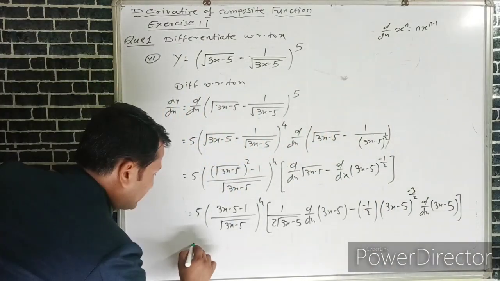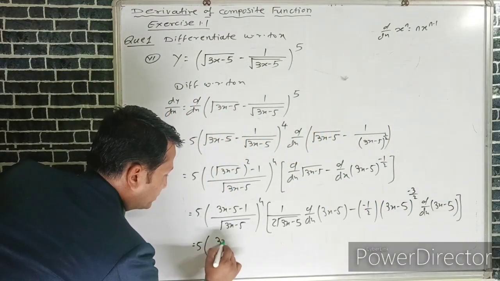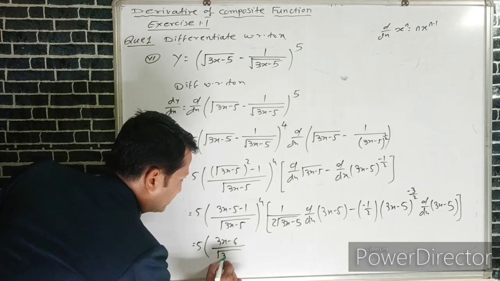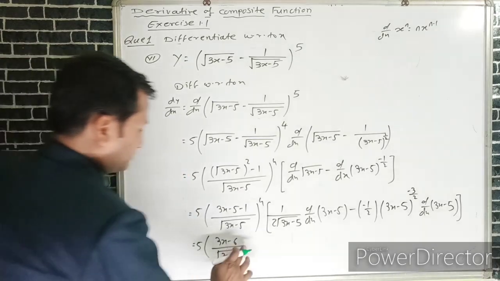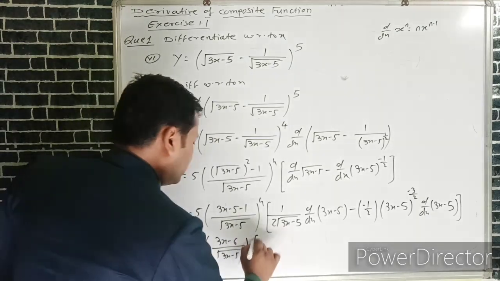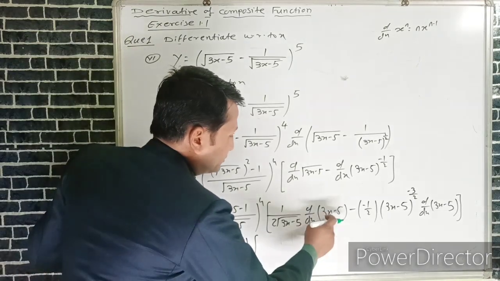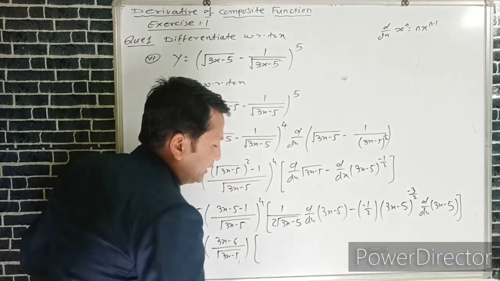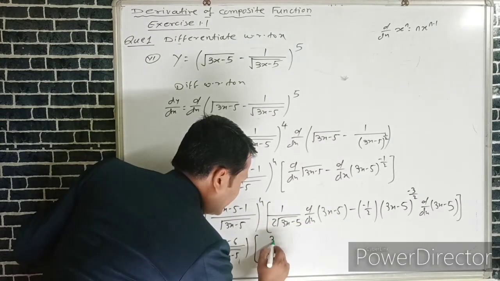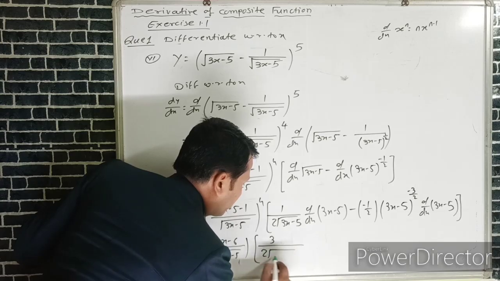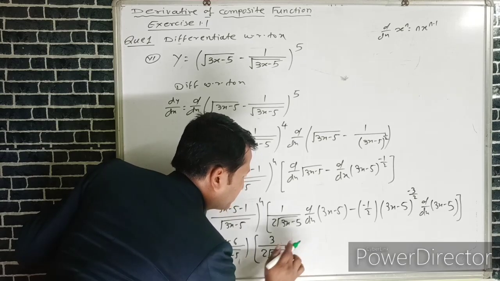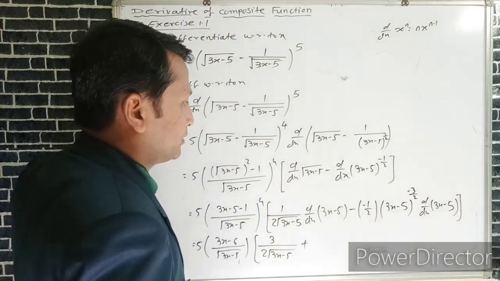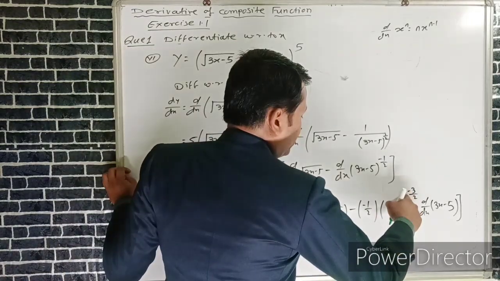After that we can write it 5 into (3x minus 6) upon under root of 3x minus 5, into the derivative of 3x is 3, derivative of minus 5 is 0, 3 minus 0 is 3, 3 into 1 is 3, then 3 upon 2 under root of 3x minus 5, minus 3 by 2 in the denominator.